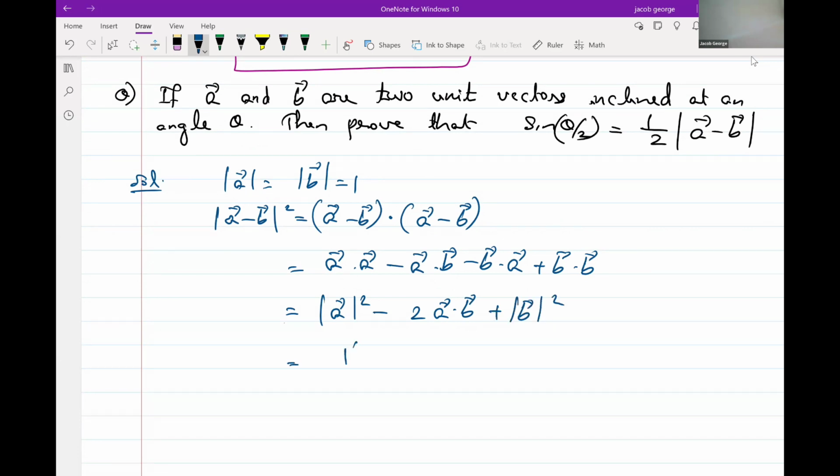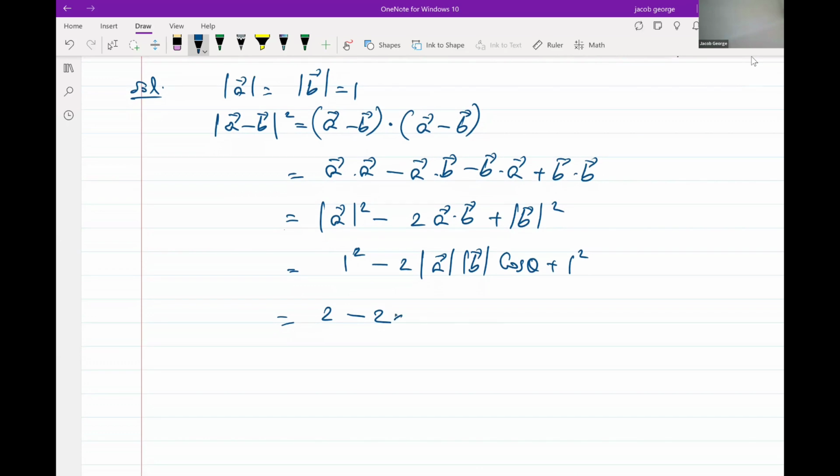It is equal to 1 square minus 2 times modulus of vector A into modulus of vector B into cos theta plus 1 square. All of you got these steps, right? Which means 2 into 1 minus cos theta.